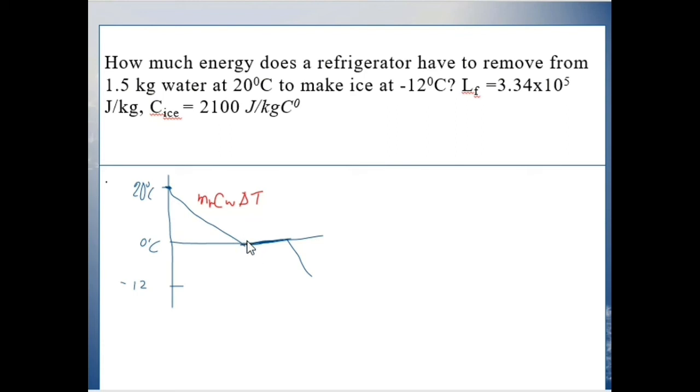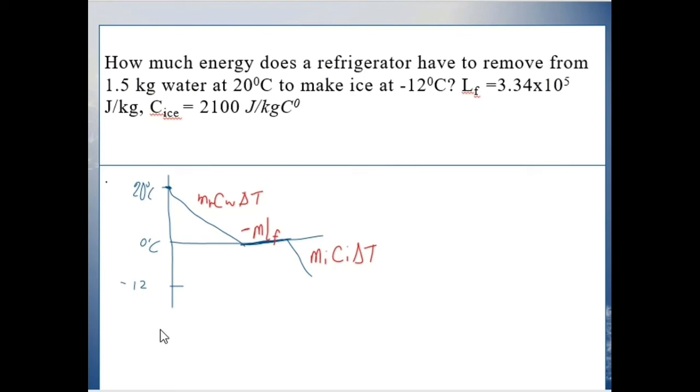And then here, since it's freezing, it has to release energy. So that's negative again, negative mLf. And then for this one, it's mass of the ice, C of the ice, delta T, from 0 degrees Celsius to negative 12.